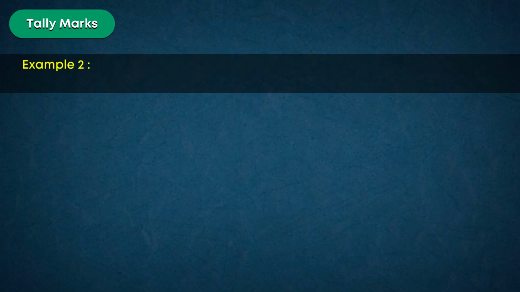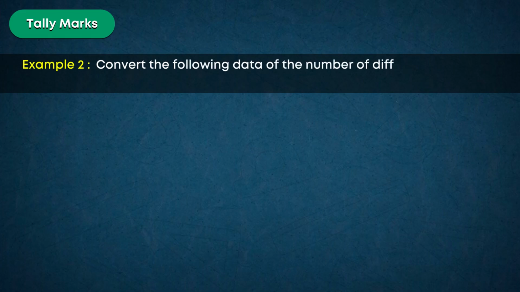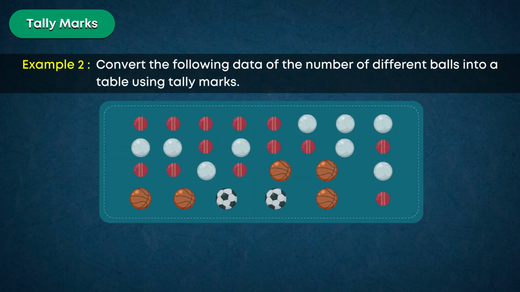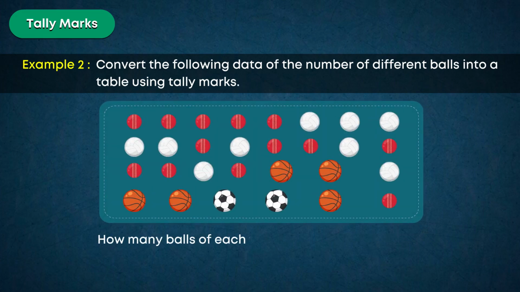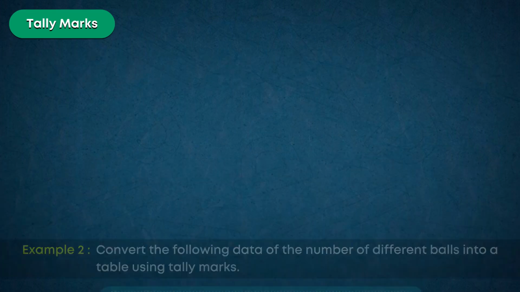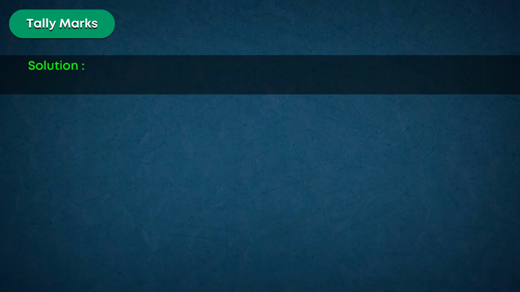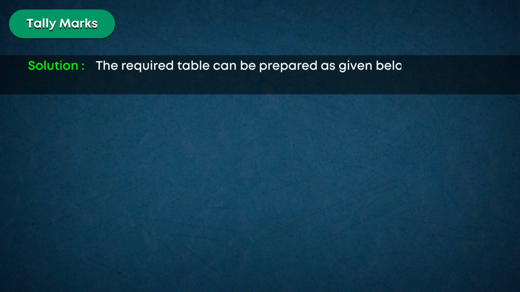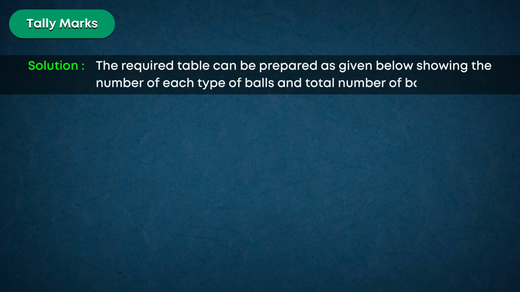Example 2. Convert the following data of the number of different balls into a table using tally marks. How many balls of each type are there in the data? What is the total number of balls? Solution. The required table can be prepared as given below, showing the number of each type of ball and the total number of balls.